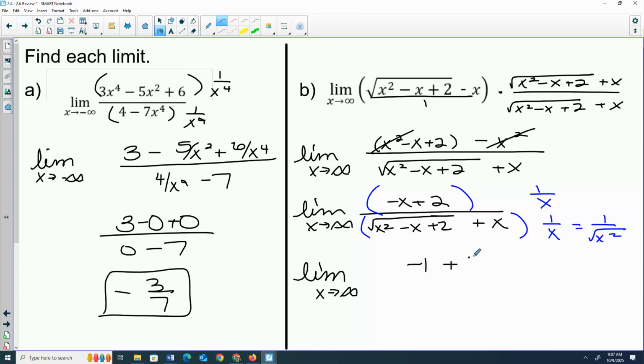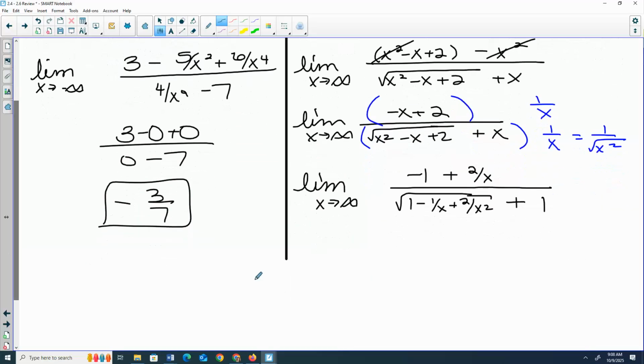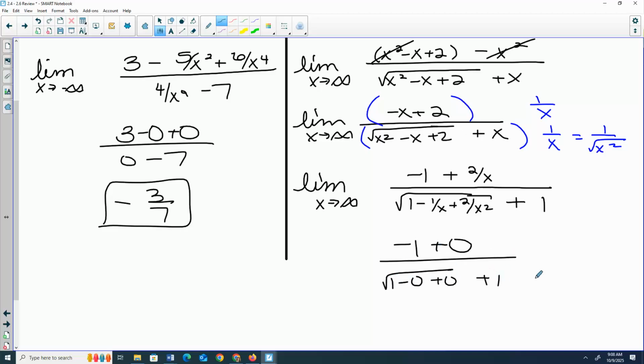So I get negative 1 plus 2 over x over, so if I take my x squared under that radical, 1 minus 1 over x plus 2 over x squared. Plus, this x was outside the radical, so I take it times 1 over x, which I just get 1. So a number over infinity always goes to 0. And we get negative 1/2.